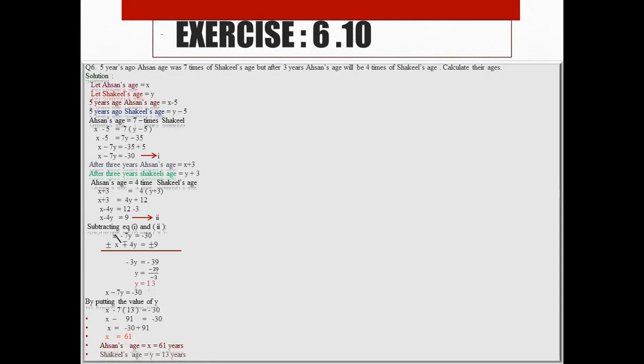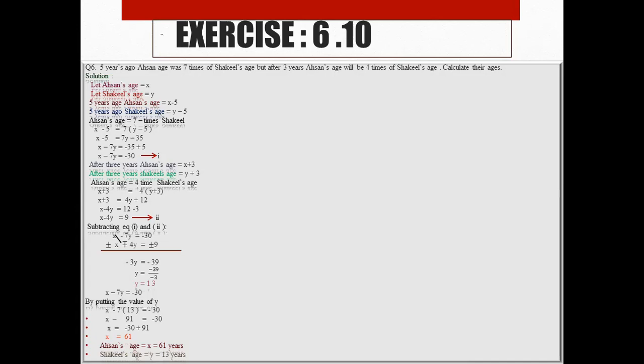What is the condition? 5 years ago. Ago means minus. 5 years ago, Ehsan's age was x minus 5. And definitely Shakil's age was y minus 5, because we are discussing the age 5 years ago.